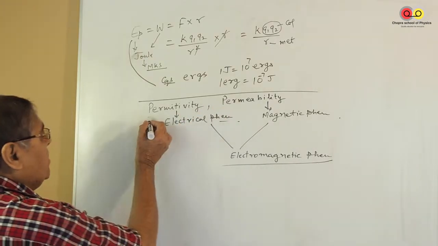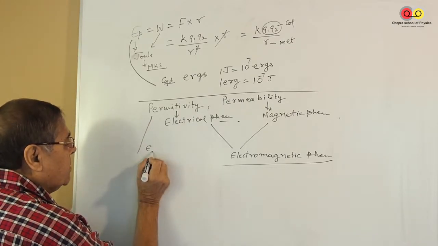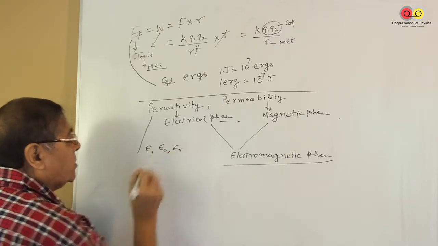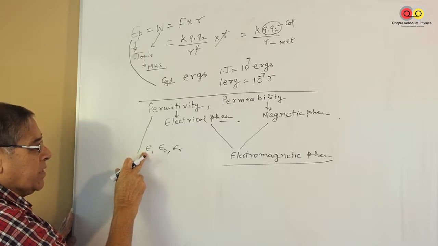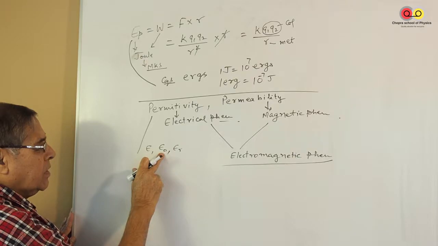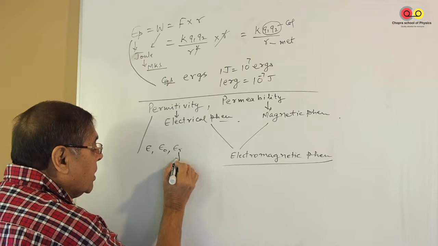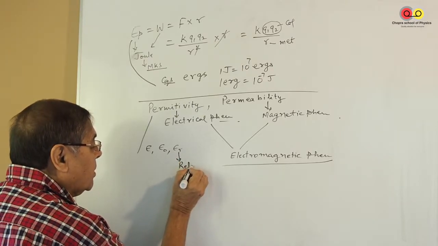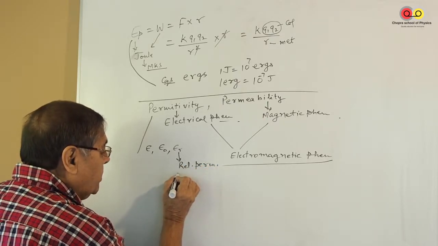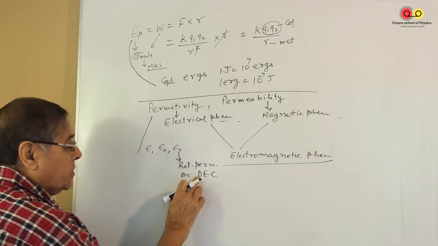So you will now remember permittivity, the symbol is epsilon, epsilon naught and epsilon r. This is called permittivity. This is called absolute permittivity. And this third one is known as relative permittivity, or dielectric constant.